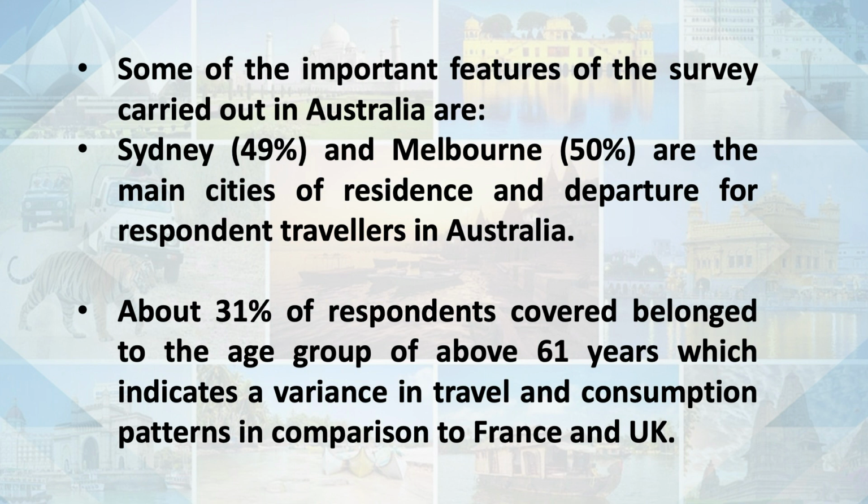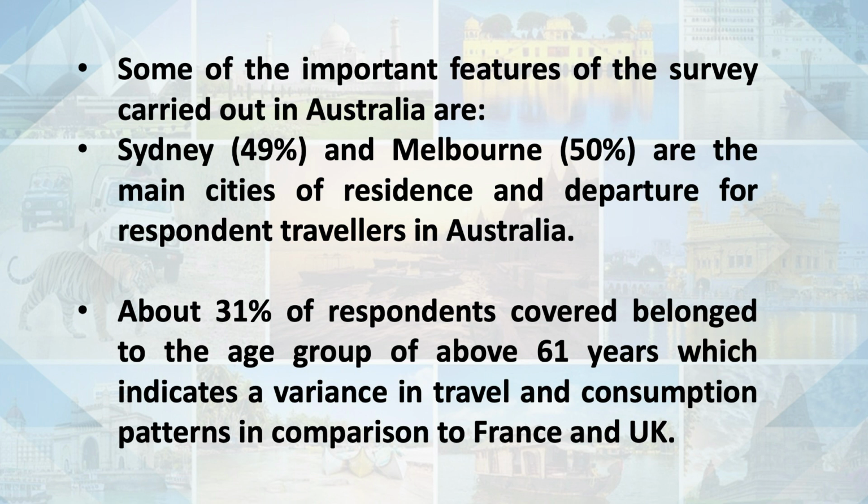Some of the important features of the survey, which was carried out in Australia specifically for the Australian tourist: Sydney and Melbourne, at 49% and 50%, were the main cities of residence and departure for respondent travelers in Australia.